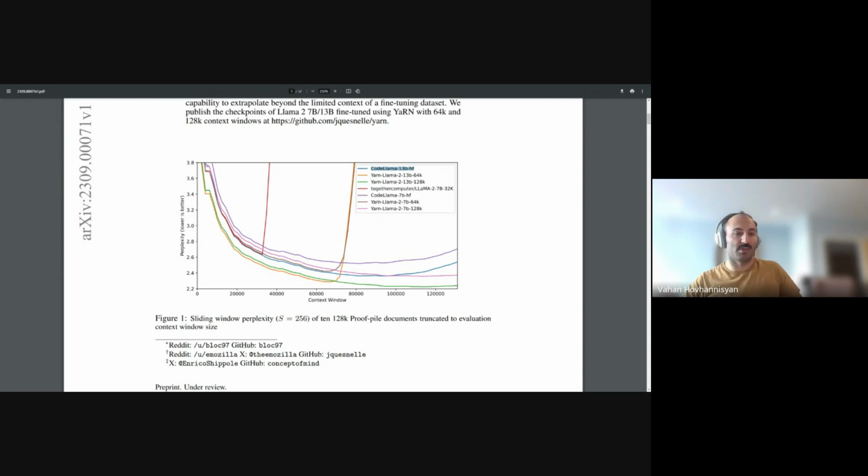Right? So if you train models with batches of 32K, and then we try to have a prompt that's 100K, then the model performance actually suffers.